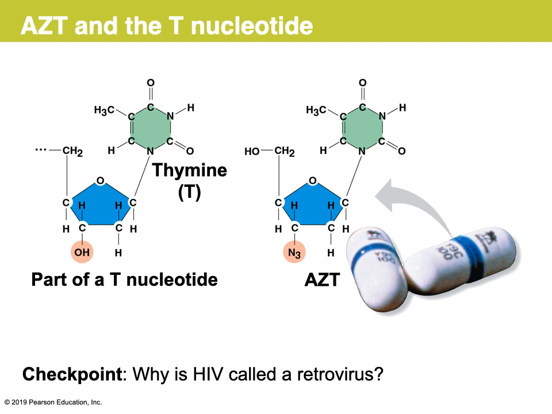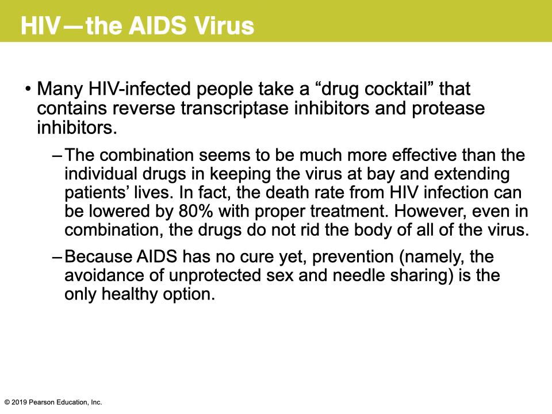So what happens is the virus is trying to make copies of its genetic material, and it's using fake thymine, right? And so it's knitting those into the genetic material, but it's not going to be properly functional.